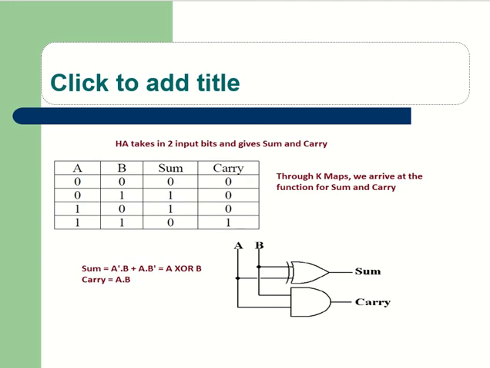The first case is variable A is 0, variable B is 0. That is, we are going to add bit 0 with bit 0. This is going to generate sum 0 as well as carry 0. That is, 0 plus 0 results in 0. Next case, variable A has the number 0 and variable B has the number 1. That is, we are going to add binary number 0 with 1.